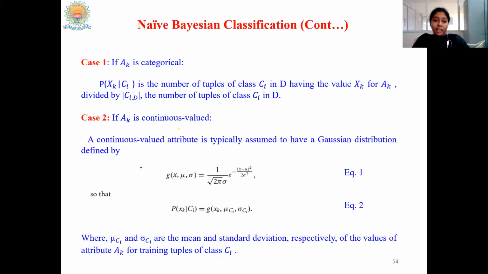If the attribute is categorical, it can be easily obtained by this formula: the number of tuples of class Ci in D having the value xk for Ak, divided by |Ci,D|, that means the number of tuples of class Ci in D. So it is a ratio of the number of tuples in the data set with the particular class Ci to the total number of tuples in the class Ci with the particular value xk.